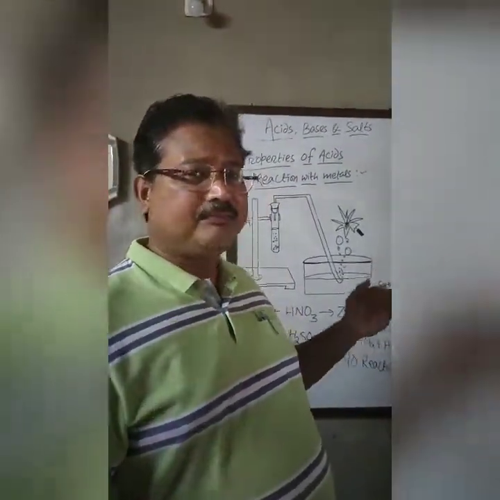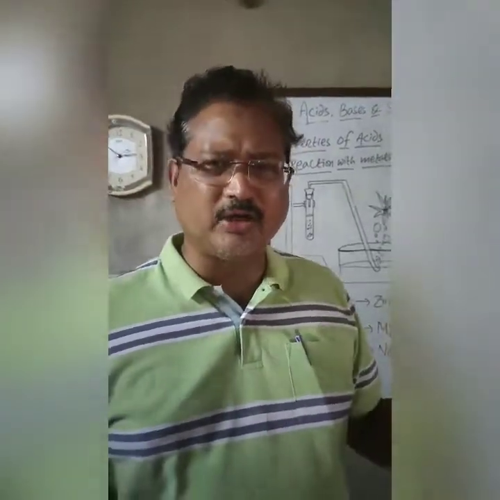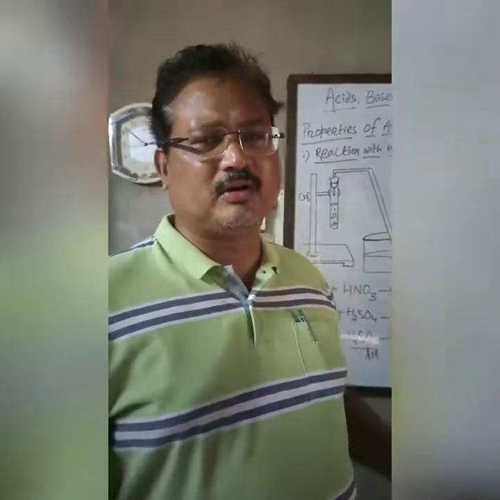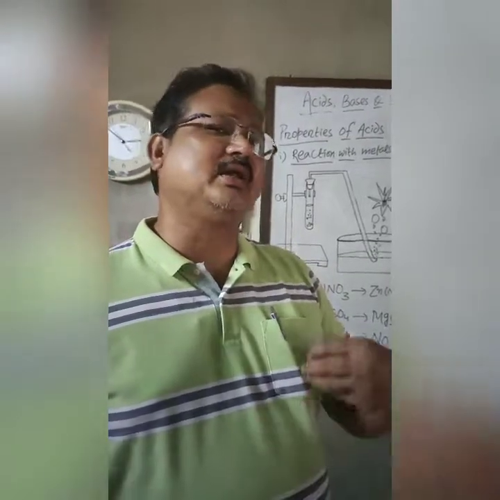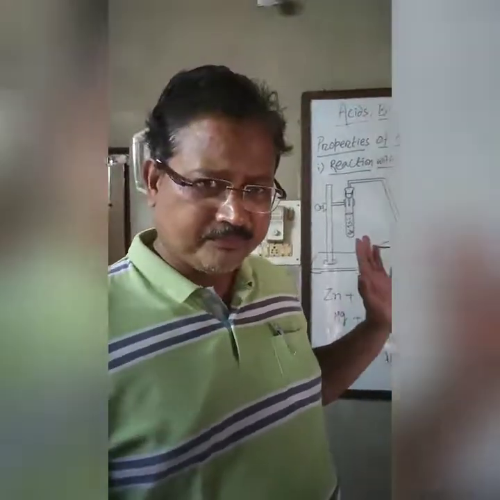Below iron, the reaction of lead is a bit slower, but after that copper, mercury, silver, and all the other metals below lead in the reactivity series will not react at all. They are not supposed to, since their reactivity is less, they do not displace hydrogen from the dilute acid. Okay, thank you.